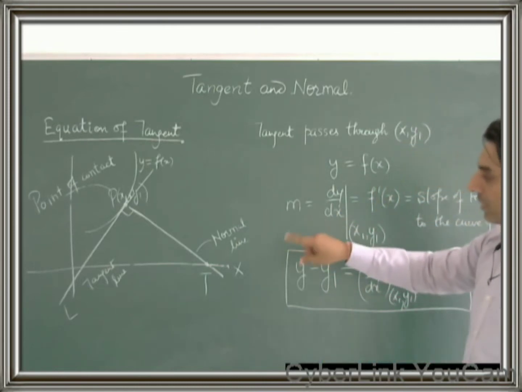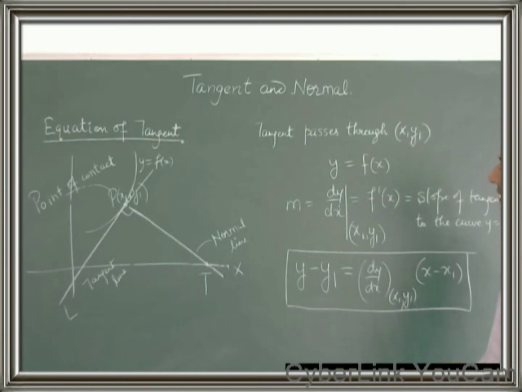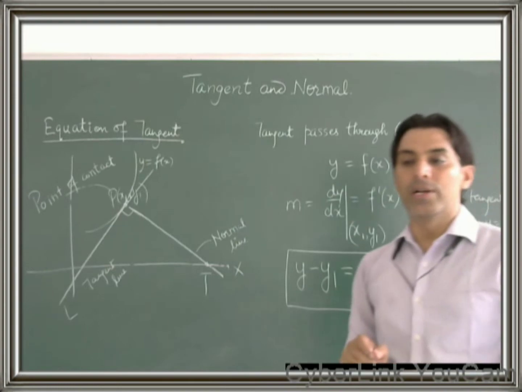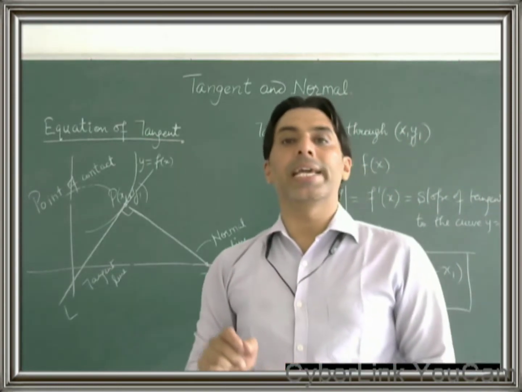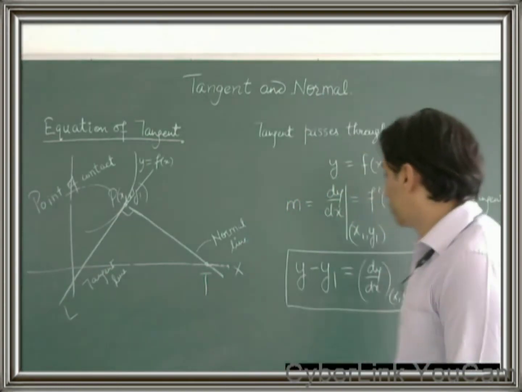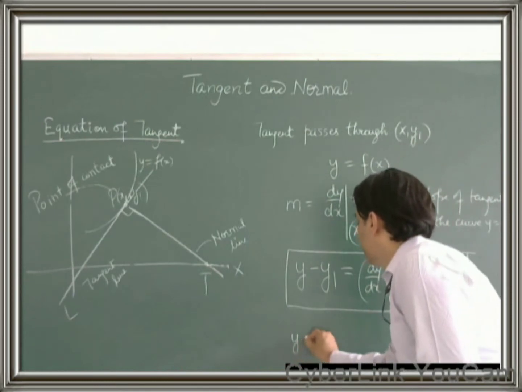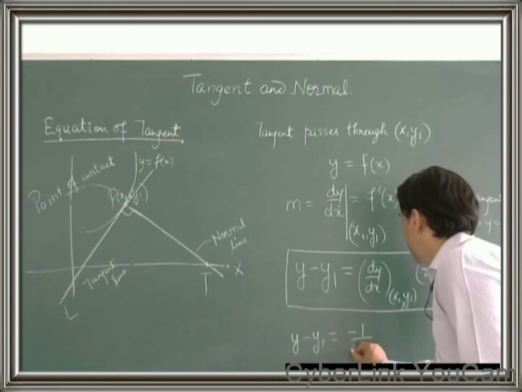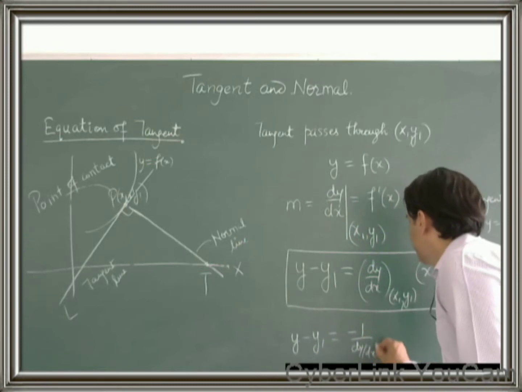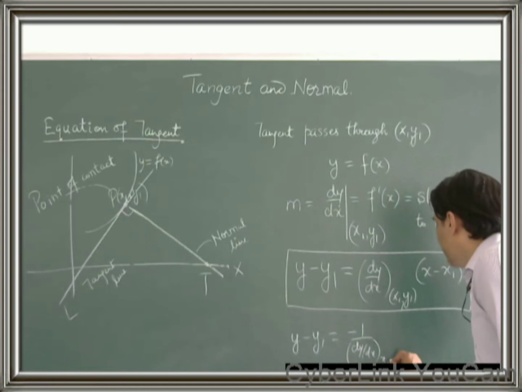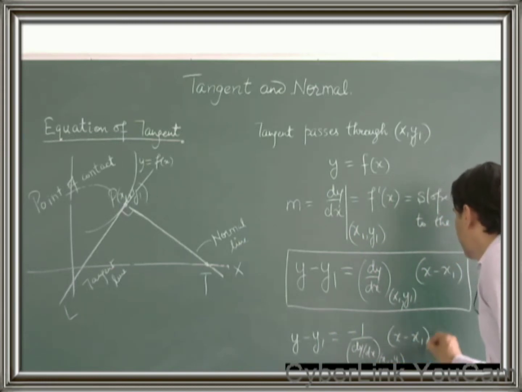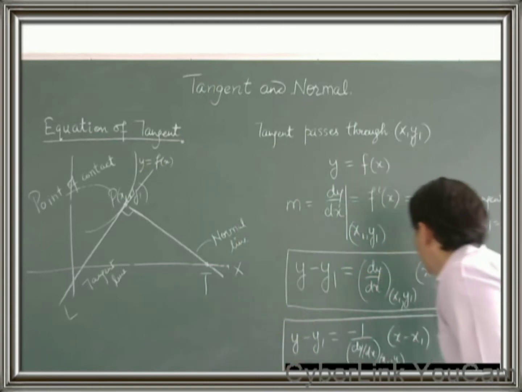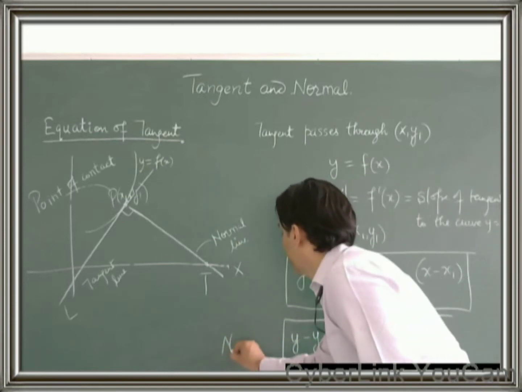Since tangent and normal are perpendicular to each other, we know that when two lines are perpendicular, the product of their slopes is -1. So from there, you can write y minus y1 is equal to -1 upon dy by dx at x1, y1, into x minus x1. This is the equation of your normal line.